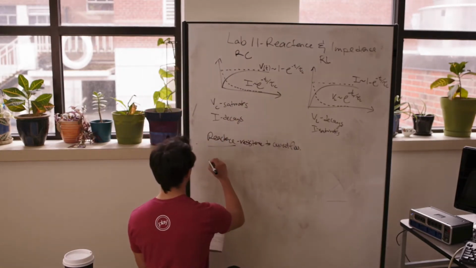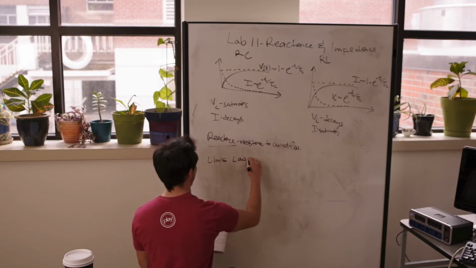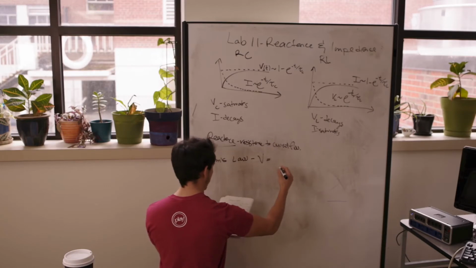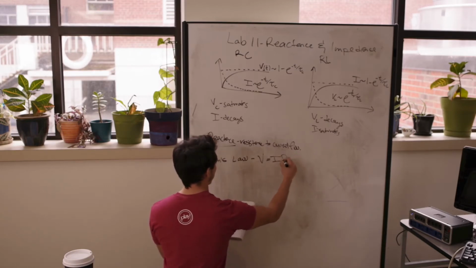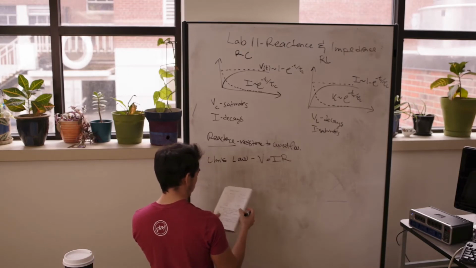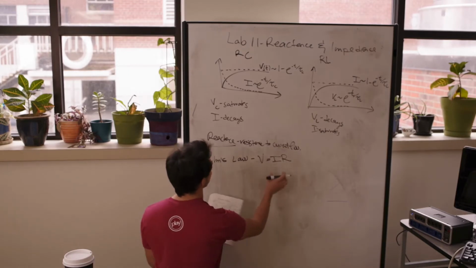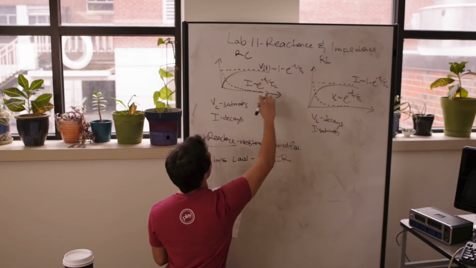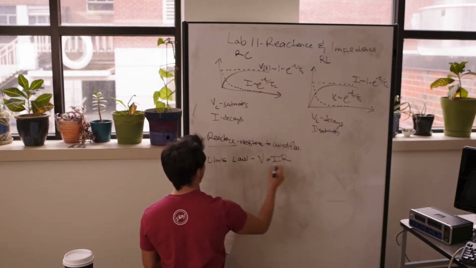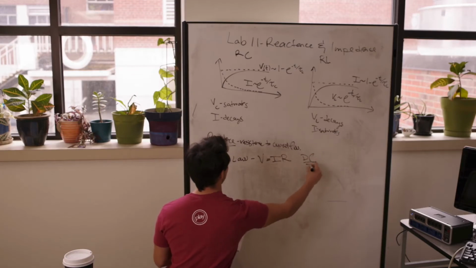So let's talk about Ohm's law and then relate it to reactance. Ohm's law says that the voltage across a component is equal to I times R, where I is the current and R is the resistance. This is a static case and only concerns the initial time dependence when you flip on the circuit if you're looking at a DC circuit.